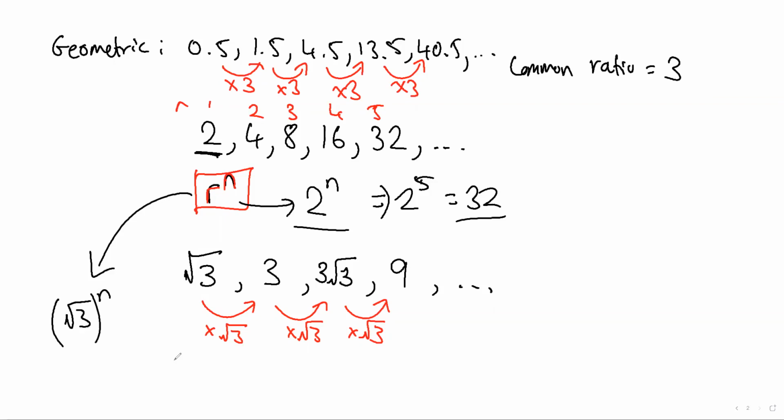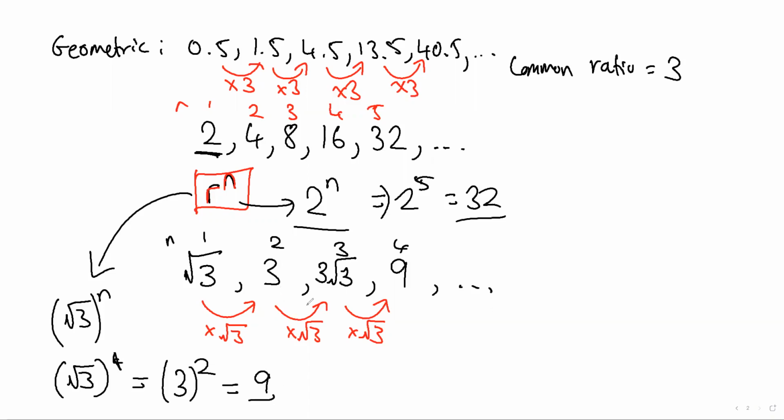So for example, if we wanted to figure out n equals 4, we just put in 4 as n, and that's the same as √3 to the power of 4, or 3 squared, which is 9, for example.